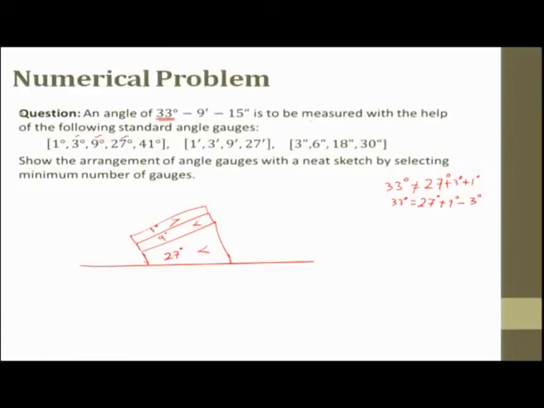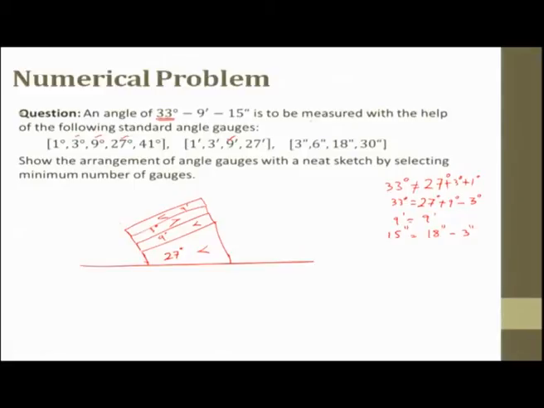Now, the next thing is 9 minutes you want. So, directly I add 9 minutes in this direction, and 9 minutes is got. No problem, and then I need to have 15 seconds. What I can do is generate it as 18 minus 3.